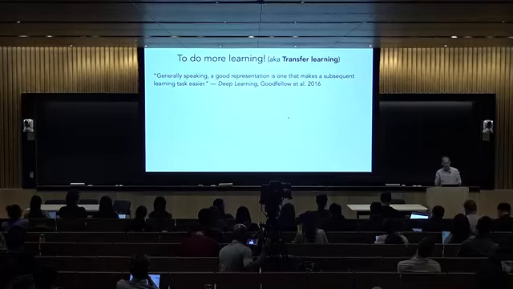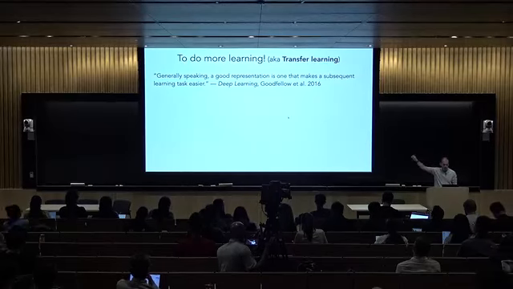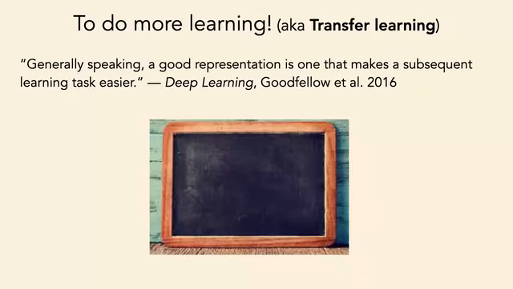Okay, a quote from Ian Goodfellow's deep learning book: generally speaking, a good representation is one that makes subsequent learning easier. I think this was a strange misconception in the early days of deep learning, that we will make deep networks that act as blank slates.